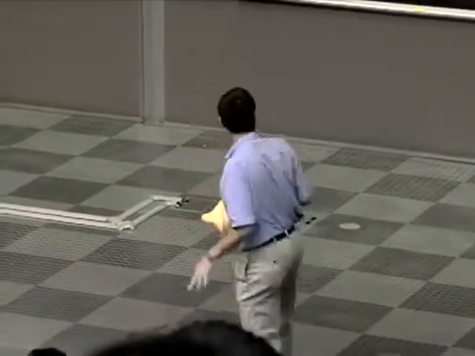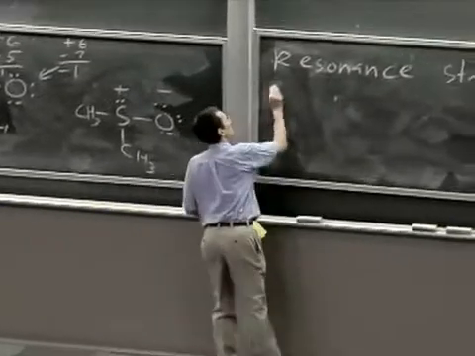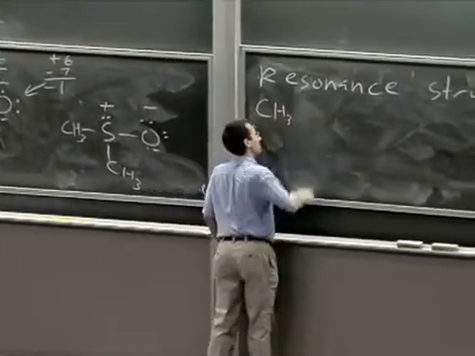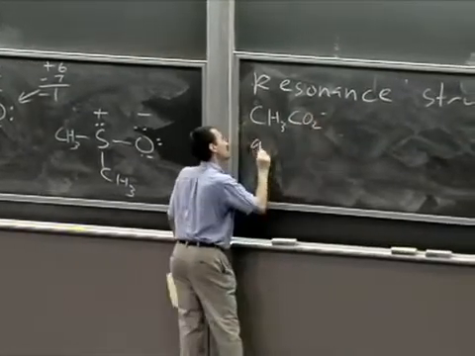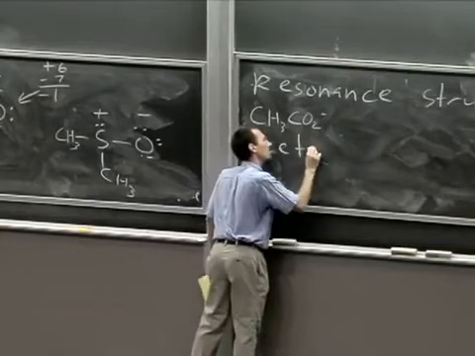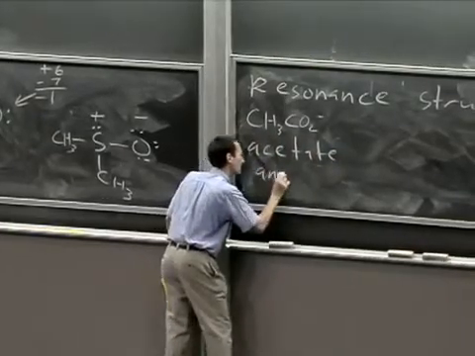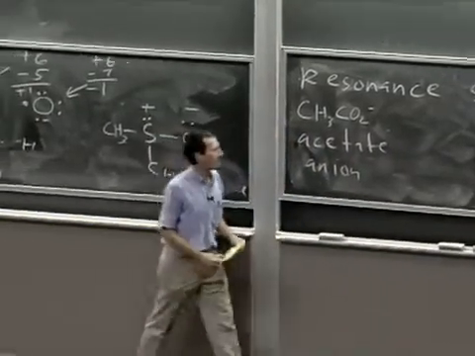Now, the limitation is sometimes a single picture just isn't good enough. And we'll take a couple of examples here. One is CH3CO2 minus, acetate anion. You've probably already seen acetate in your general chemistry class.